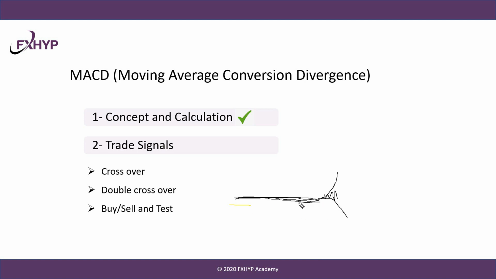The most reliable one is when this consolidation, this sticking between the two lines, is close to the zero line. However, even if it's not very close to the zero line, it's also a reliable signal to buy or sell.